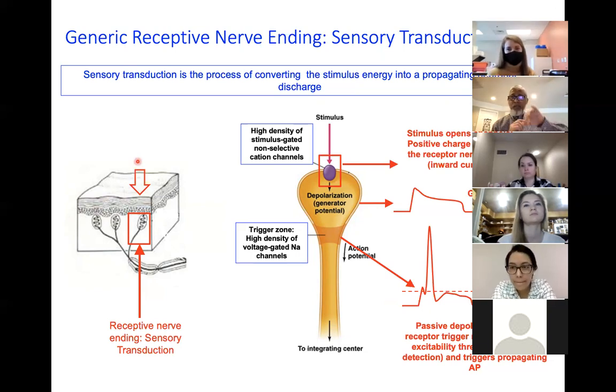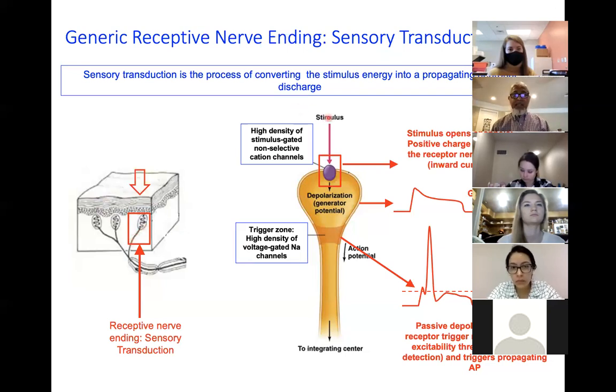When they are stimulated, if they reach the threshold of the receptor's excitation, these receptors will convert that mechanical energy. Touch is a mechanical energy, right? That mechanical energy will be converted into an electrical signal by this receptor, and then that will be carried by this nerve.